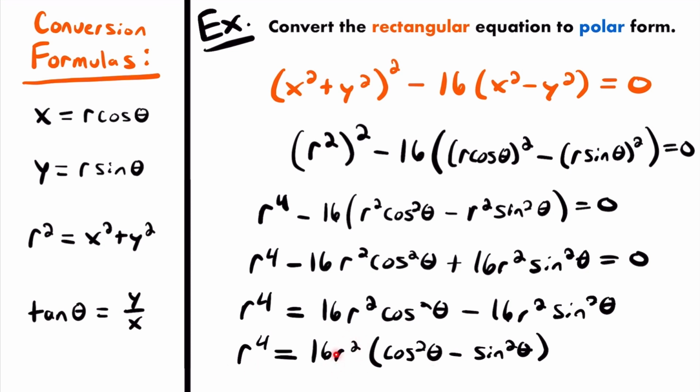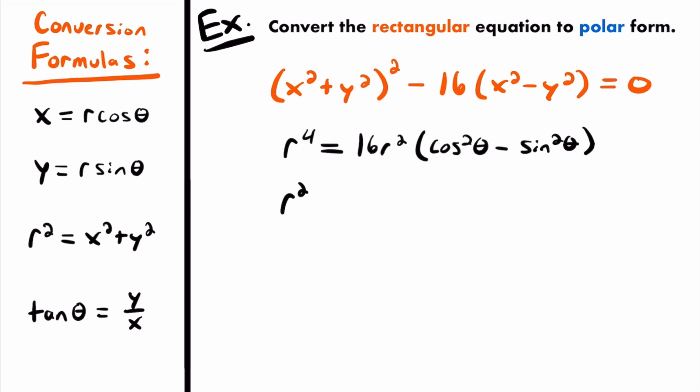That will cancel out with this r squared, and this r to the fourth power will be reduced to just be r squared. So what we'll have is r squared is equal to 16 times cosine squared theta minus sine squared theta. We just divided both sides by r squared, so this r to the fourth power became r squared.